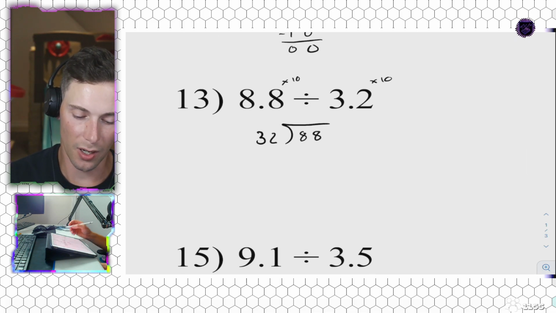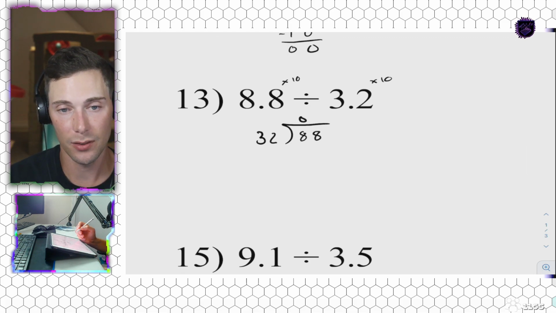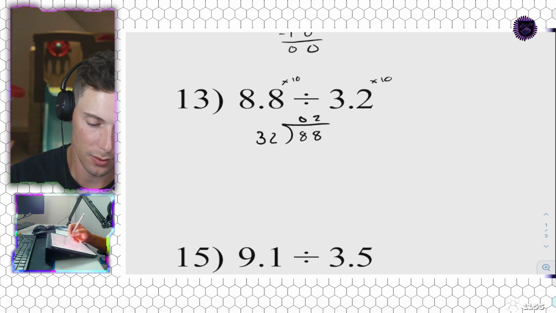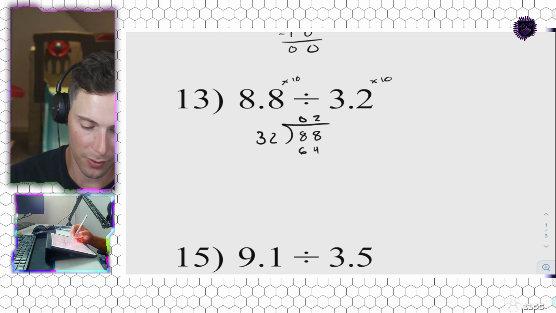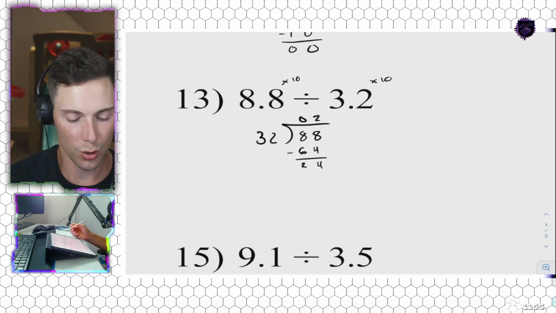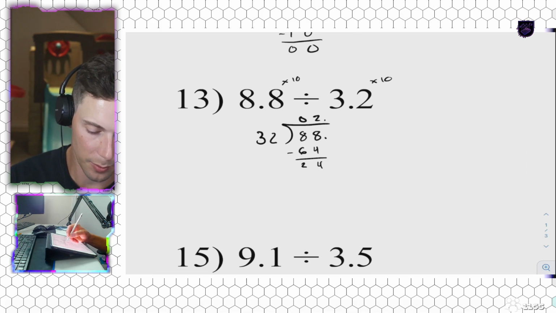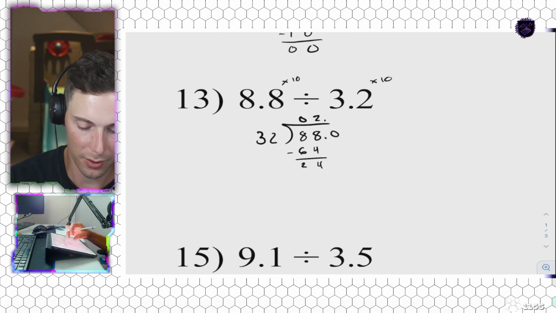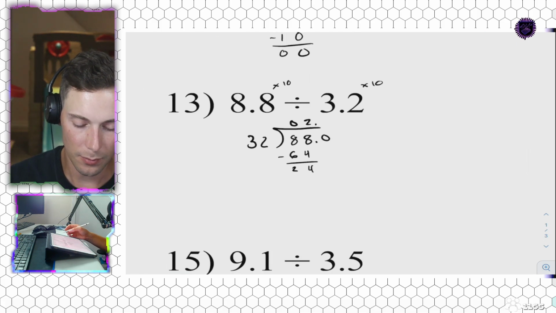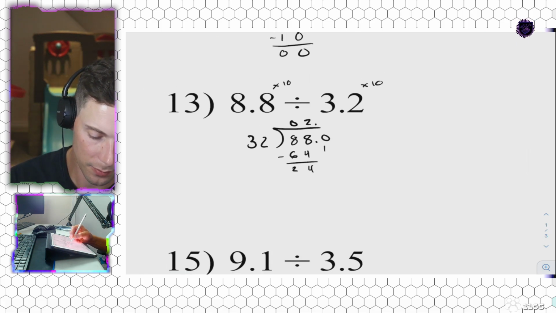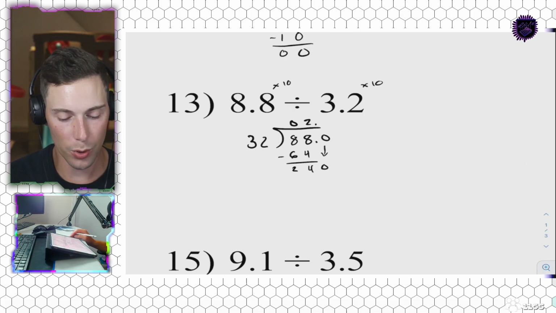32 does not go into 8. 32 goes into 88 twice, adding up to 64. Let's do that math. So that will be 4, that will be 2, 24. So now we have to add that decimal place, add our 0, drop down our 0, 240.